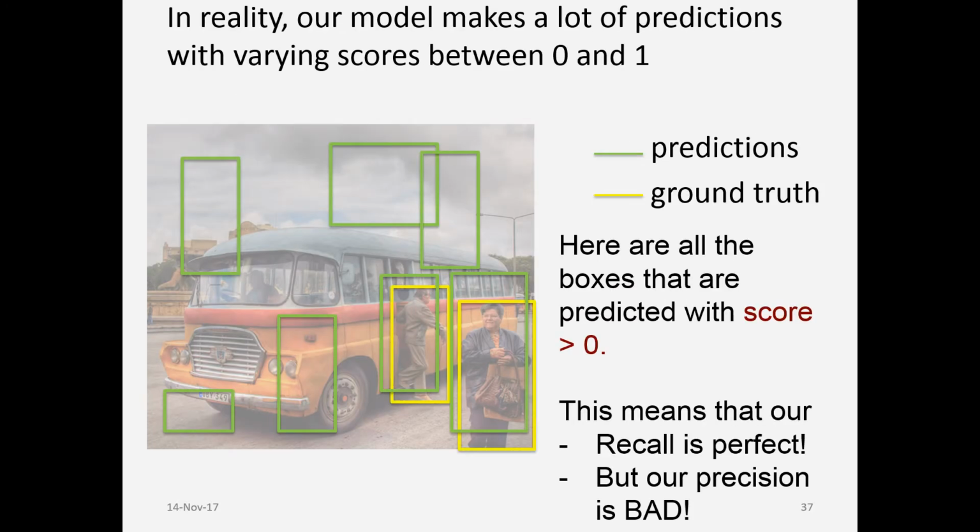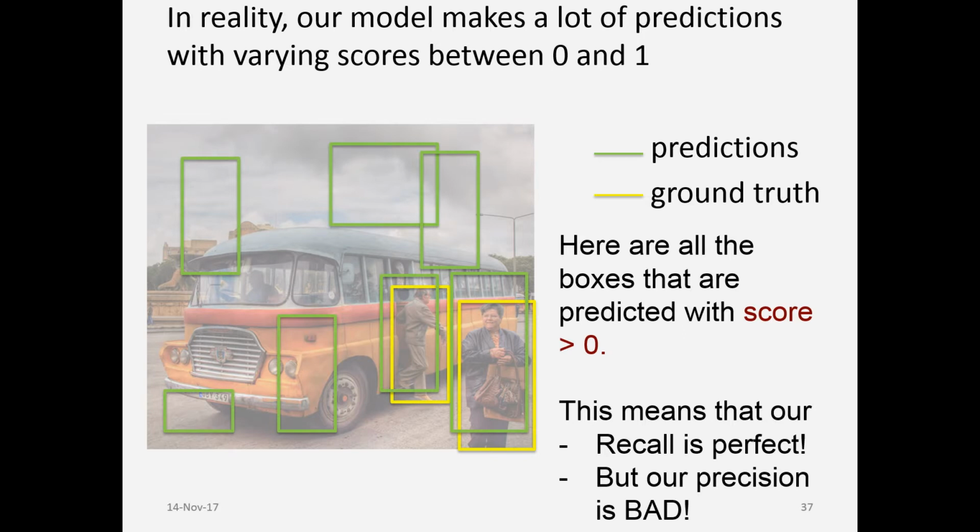you can trade off precision and recall, right? For example, if I make lots of guesses from the classifier, just everywhere I say that's a potential object, then I will increase the recall. Most likely I will catch most of the actual objects, right? But then the precision will be very bad.